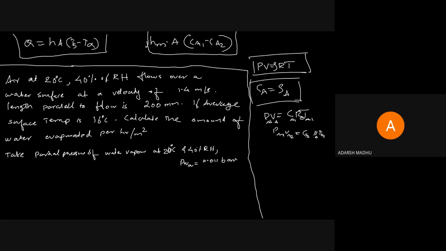The partial pressure of water vapor at 20 degrees Celsius and 40% RH equals 0.011 bar.